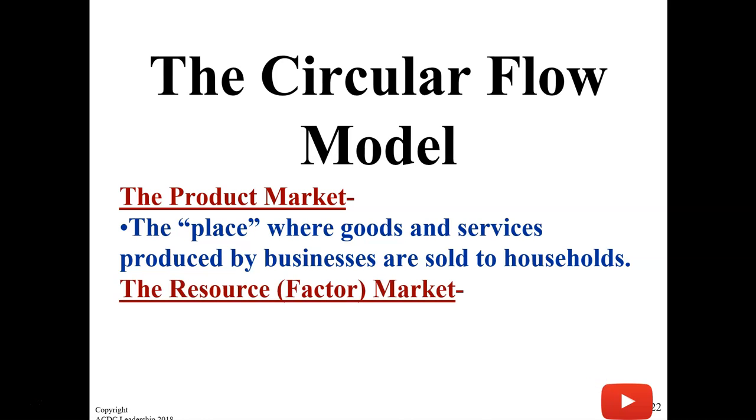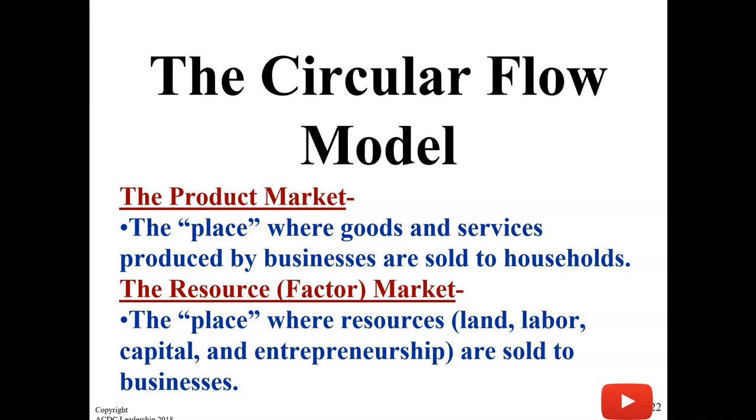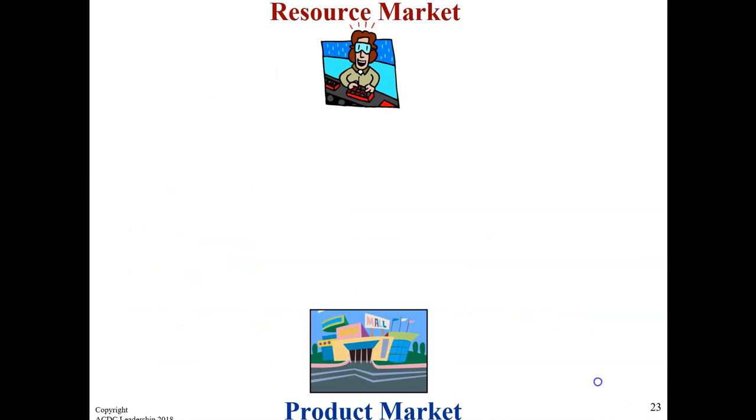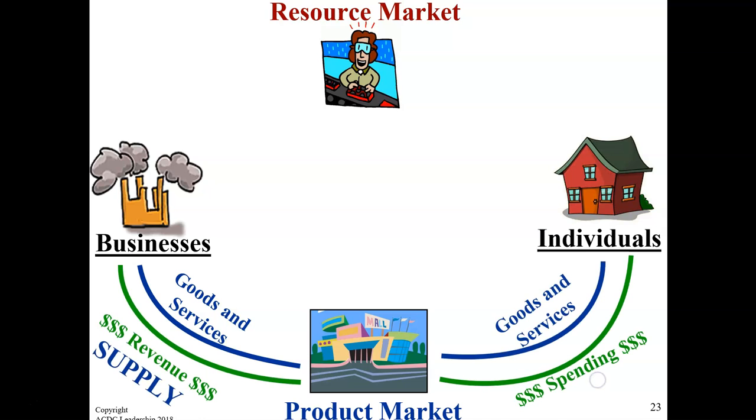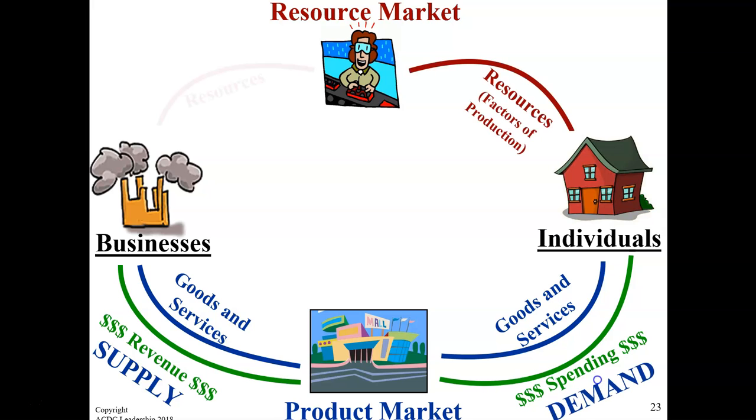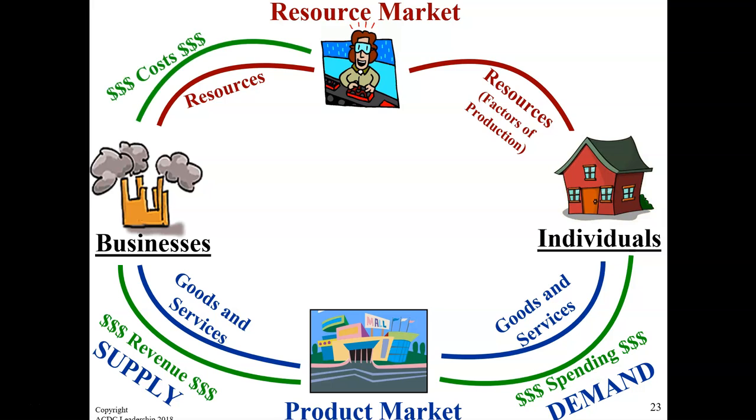The resource or factor market is the place where resources, land, labor, capital, and entrepreneurship are sold to businesses. Here's an illustration of what we call the circular flow, how goods and services and money change hands between all of the players in the circular flow.